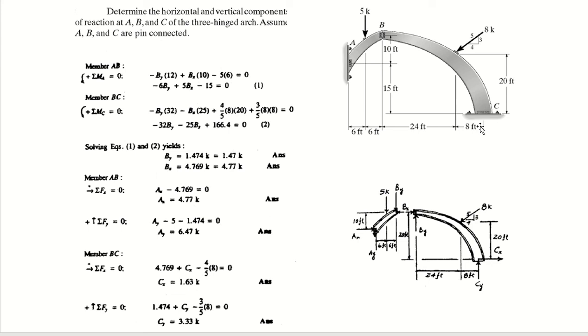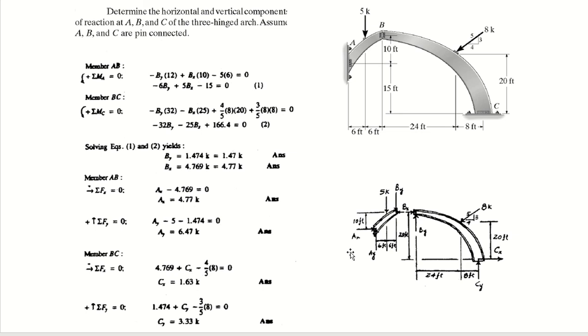right? So now member AB, take this member AB. See, this is a free body diagram of AB, the AY and AX, BY and BX, right? Its elevation or the height from both the points is also given. From point A it is 10 feet above, and point C it is 25 feet above.